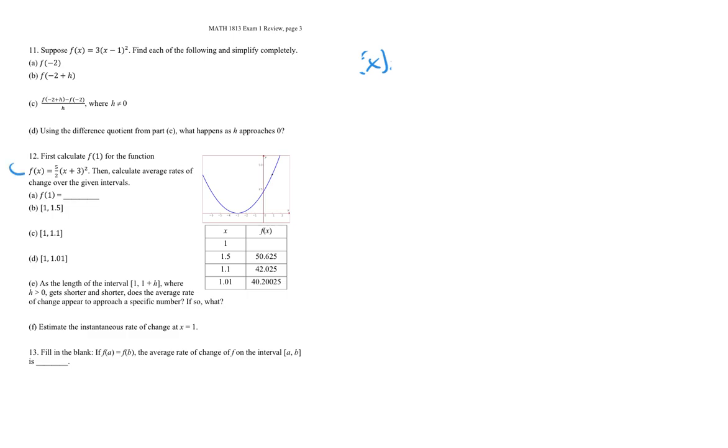So number 12, it says first calculate f of 1 for this function, then calculate the average rates of change over the given intervals. Okay, so if I want to compute f of 1, I'm given that f of x is equal to 5 halves times x plus 3 squared.